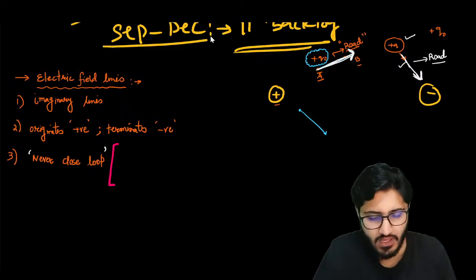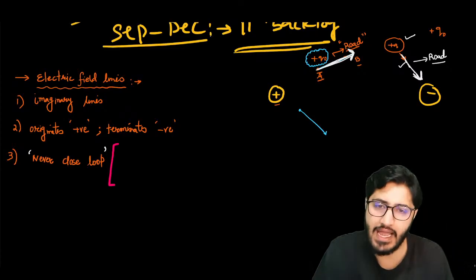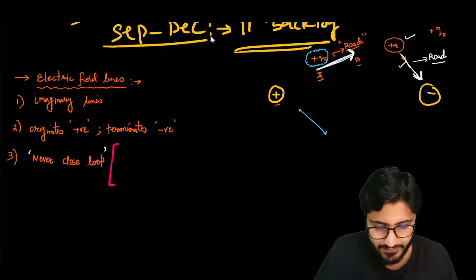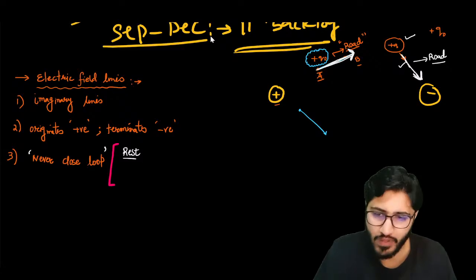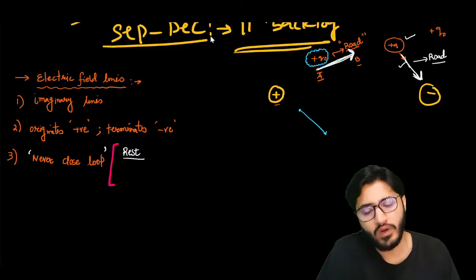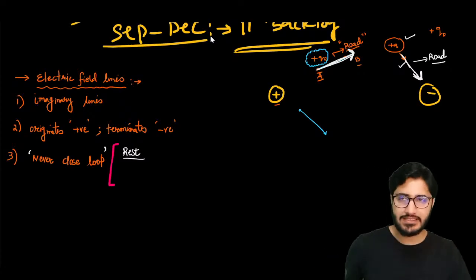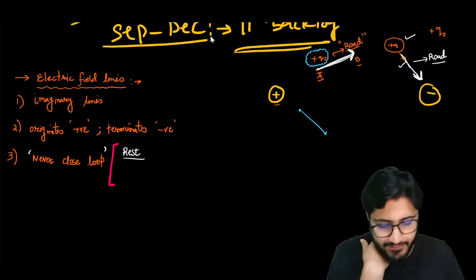One electric field is due to the charged particle at rest. One more is due to the induction part, or I can just call it induced electric field.